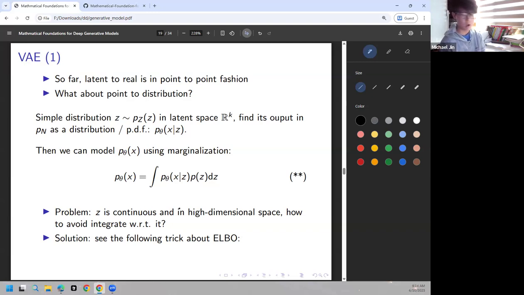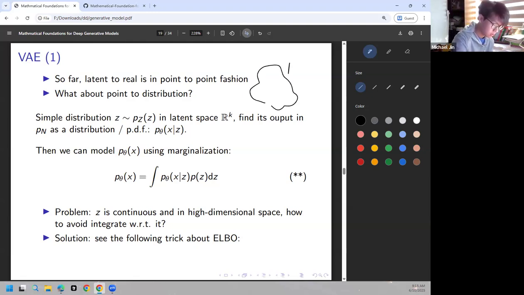That is the variational autoencoder. So still we have the simple distribution, maybe a normal distribution, defined as Z follows p_Z of z in the latent space R^K. We can find its output in the real data distribution as one distribution, p_theta of x given z, right?